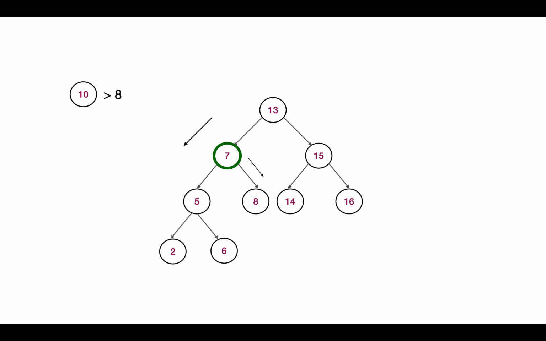We reach 8. 8 is again smaller than 10, so we again go in right. Here we notice that we have reached a null value, as 8 is a leaf node. So at this null, at the right of 8, we insert the value 10. This is how insertion is performed by the function.